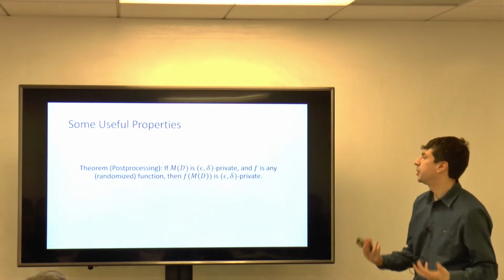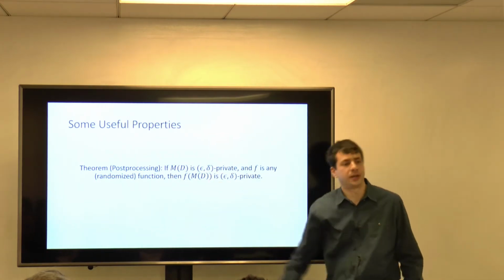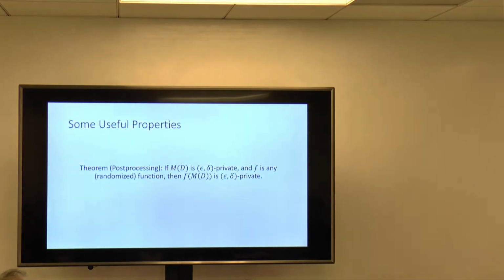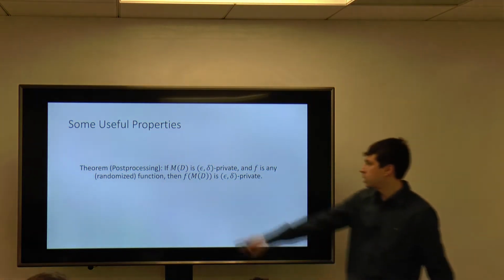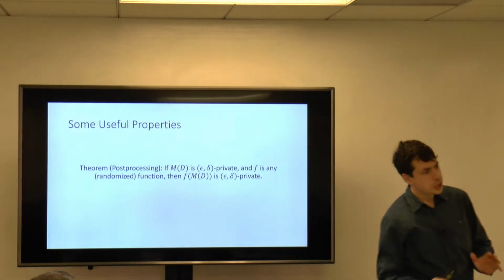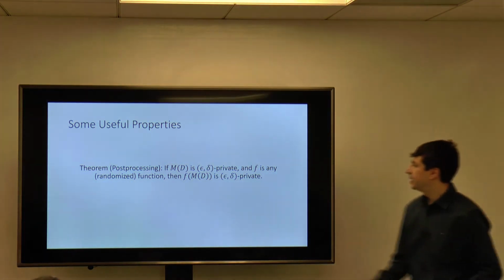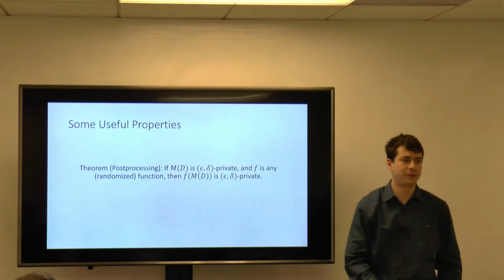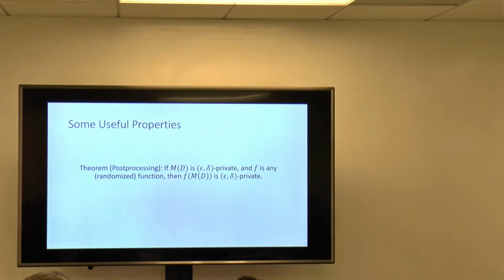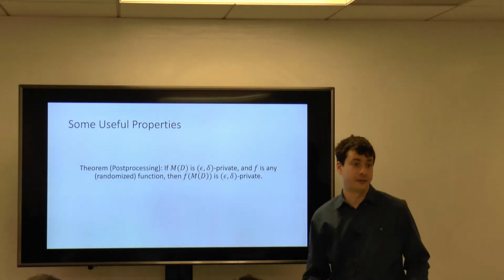It's closed under post-processing, which means that if I've got some algorithm M, and I promise you it's differentially private, and then we consider the algorithm that we get when we apply some arbitrary function f to the output of M, even though I don't know what f is, I can be confident that f of M is also differentially private with privacy parameters that are the same or better. So I can't, by thinking about the output of your mechanism, somehow make it less private.